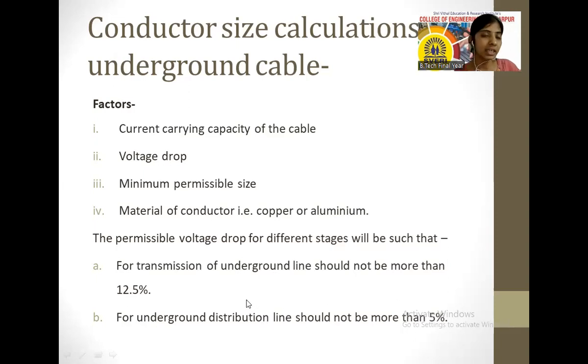First is the current carrying capacity, how much current is flowing through that conductor. Depending on that only, we can select the size of the conductor. Then voltage drop: we have to check whether the voltage drop is falling within the permissible limit or not. Then the minimum permissible size. Then, which type of material is used for the conductor. You have to keep all these things in mind.